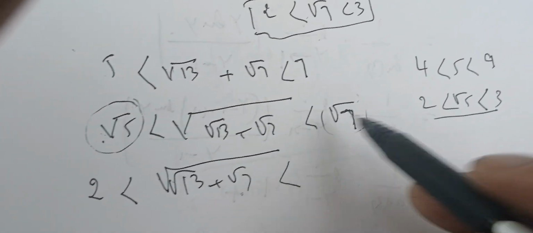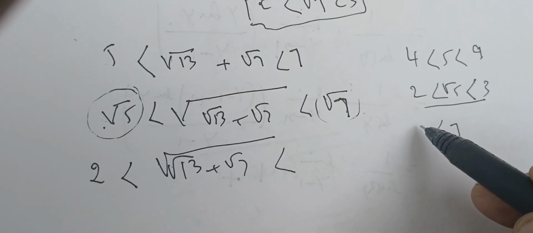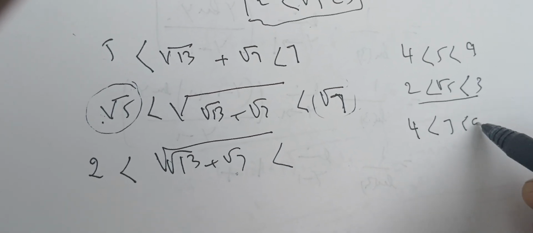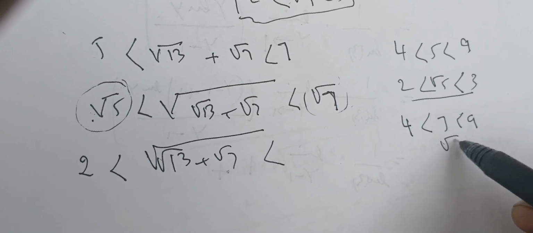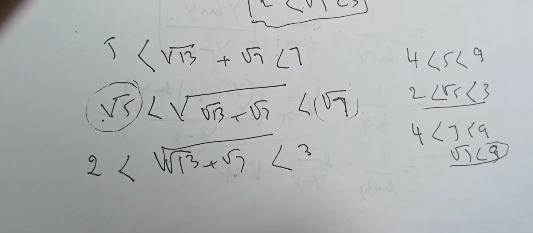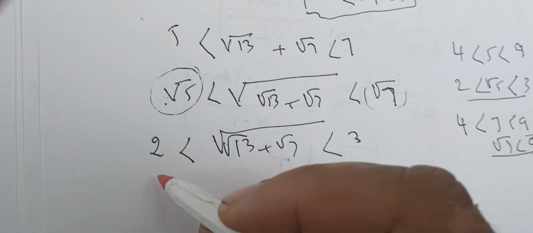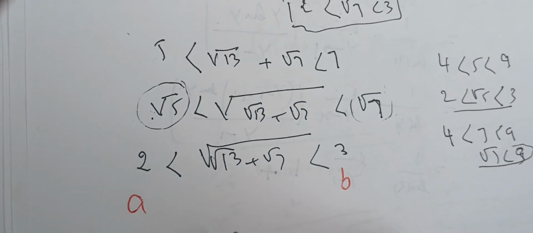The same for 7: 7 is between 4 and 9, and if we take the square root, we see that it's less than 3. This gives us our a and our b.